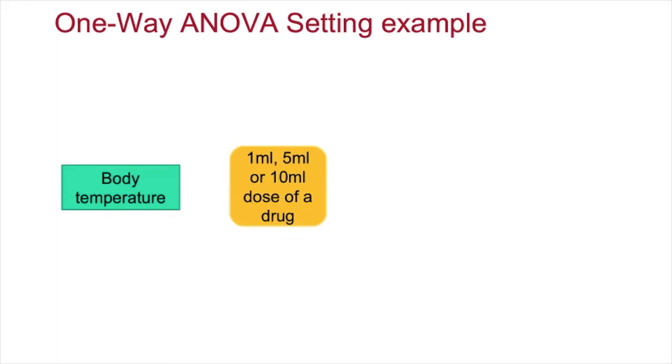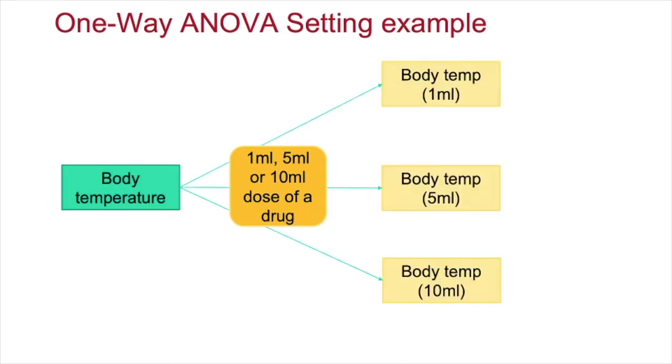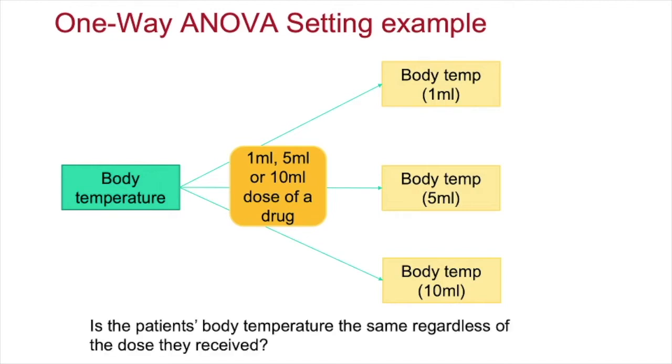So here's a very simple example. People have been given a drug. They've been given the drug at 3 possible doses, 1 milliliter, 5 milliliters, or 10 milliliters, and we record their body temperature. So body temperature is our variable. The dose of the drug is our factor. It defines 3 levels, and so we define 3 subgroups of our body temperature variable.